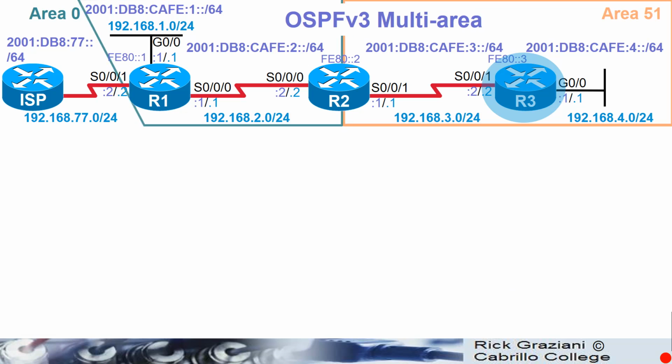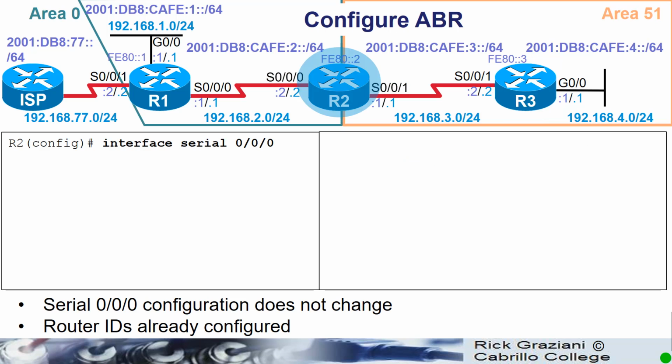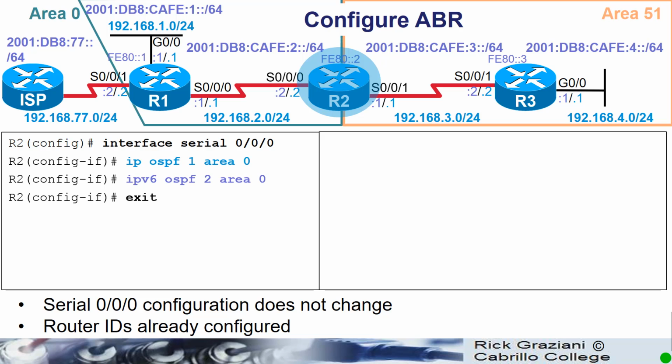What about multi-area? Area 51 is a totally stubby area for OSPFv2 and OSPFv3. So let's go and look at how we would configure this. R2 would be an area border router. If we're looking at R2, you'd be setting up, again, OSPF instance 1, instance 2.